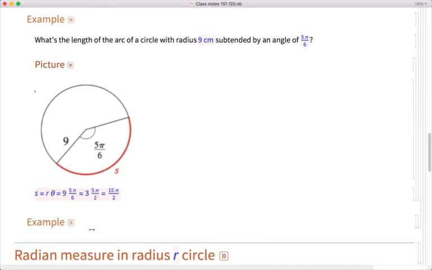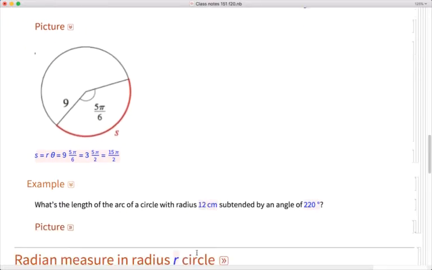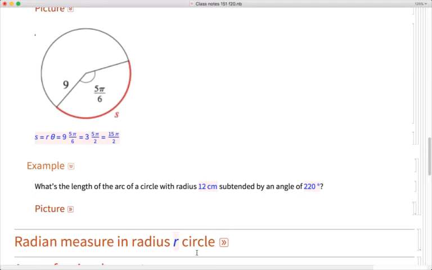Okay. So I tried to remind us that this formula only works when the angle is given in radian measure. So if you're asked this question about an arc of a circle where the angle is given in degree measure, like 220 degrees, what are you going to do? Well, here's the picture.